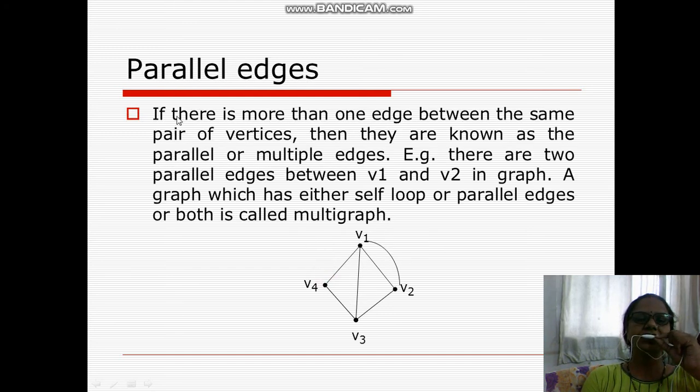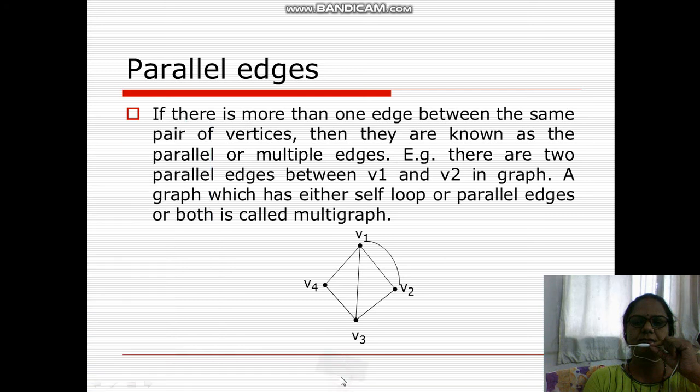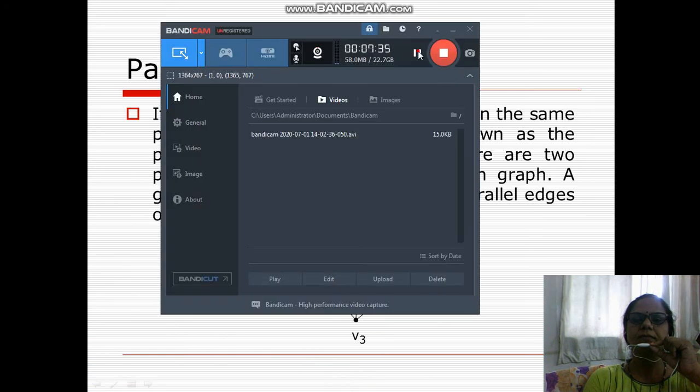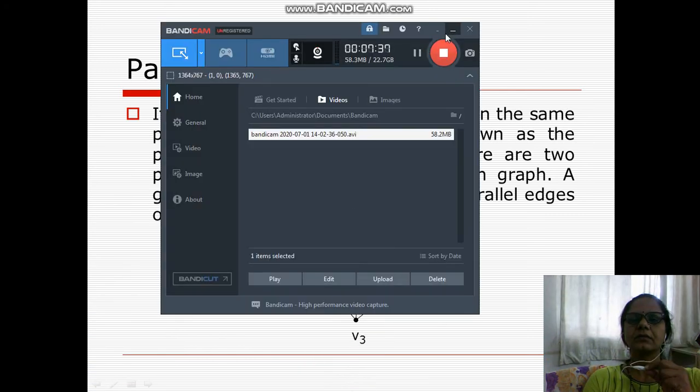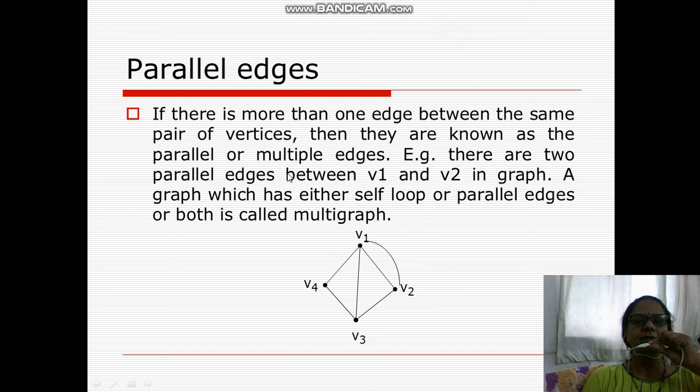Now let's see the definition of the parallel edge. What do we mean by the parallel edge? Parallel edges exist if there is more than one edge between the same pair of vertices.